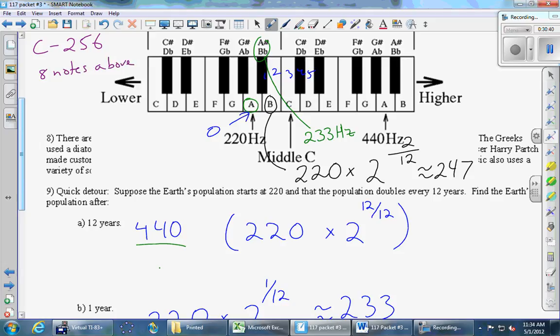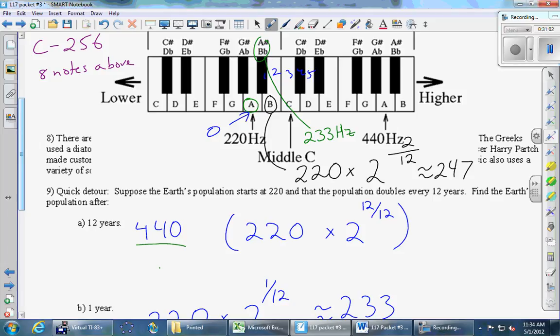Can you do that? Starting from middle C, which is 256, I want the frequency of the note that's 8 notes above. I'll vote for 406. We've got to kind of feel our way to a formula, but don't worry, it's written on the next page.